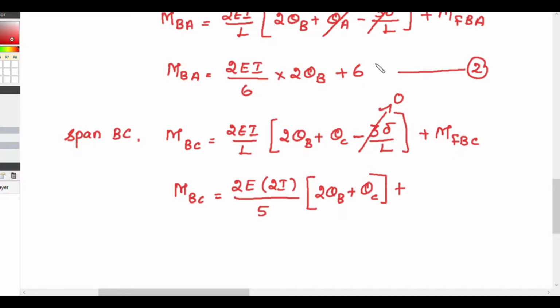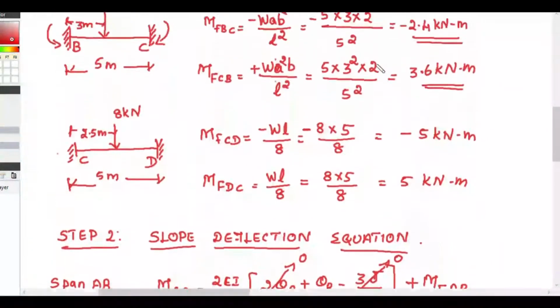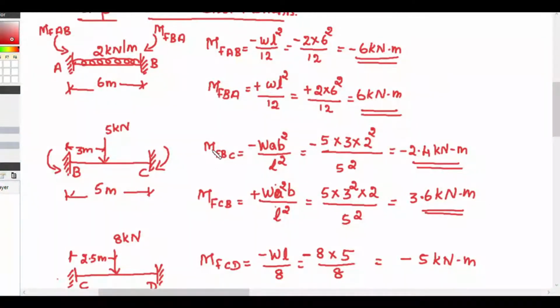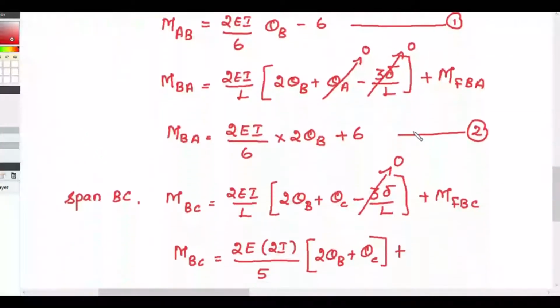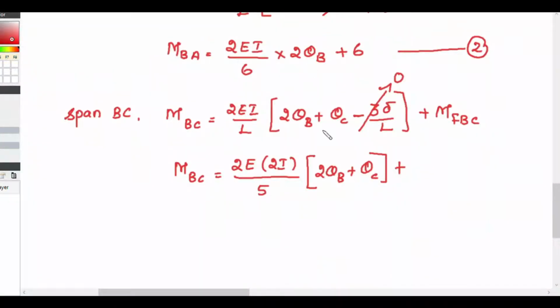MFBC we have calculated as minus 2.4 kilonewton meter. So it is minus 2.4. This is our equation number 3.